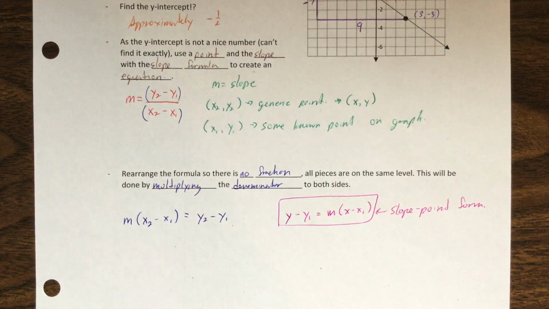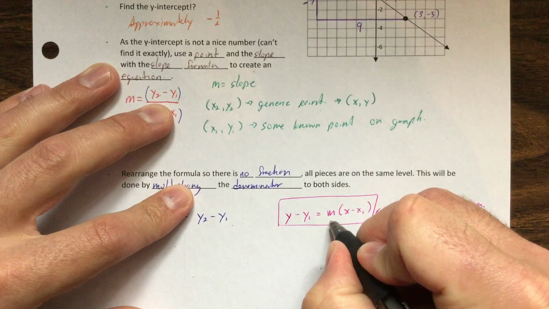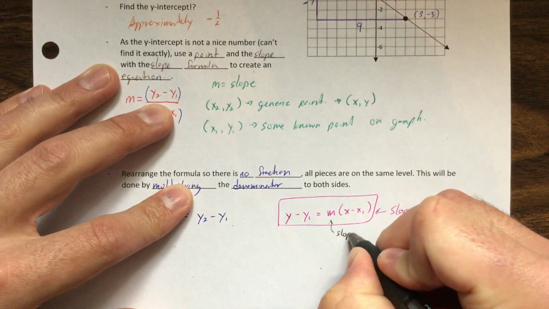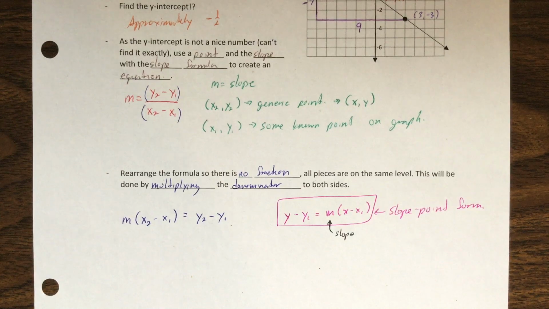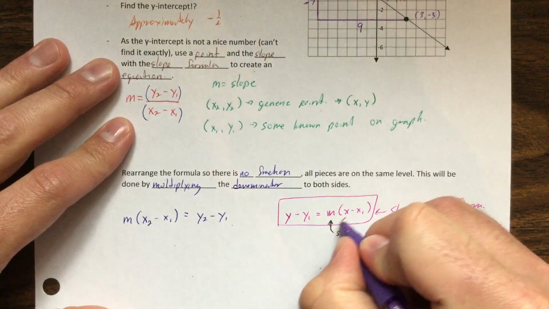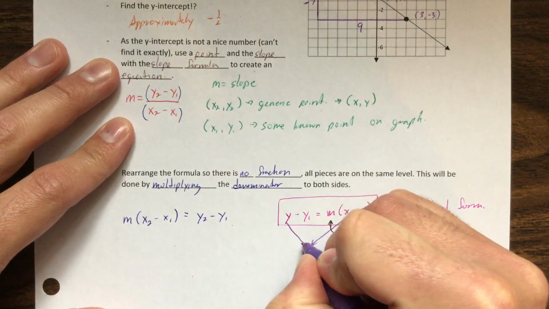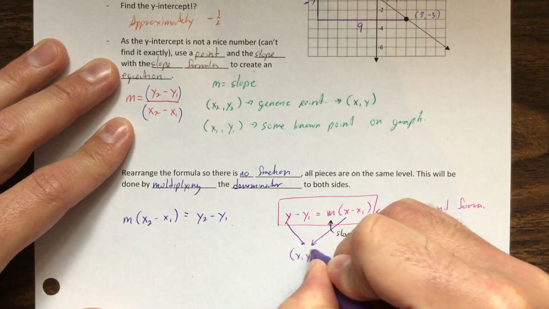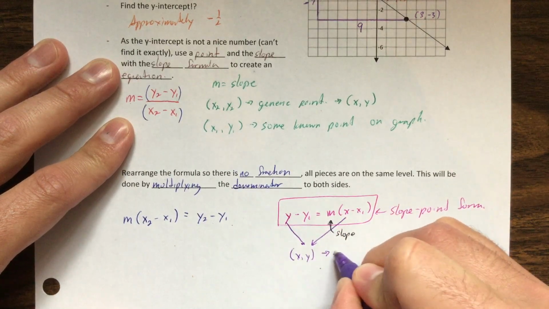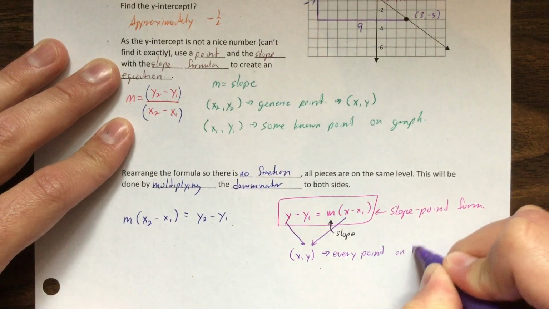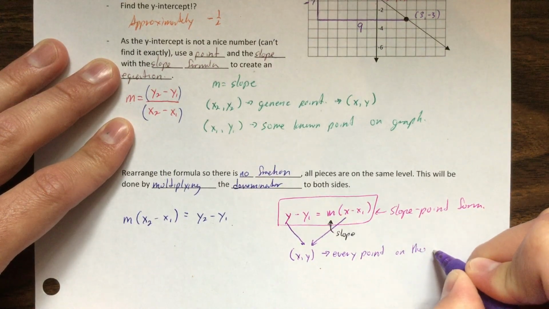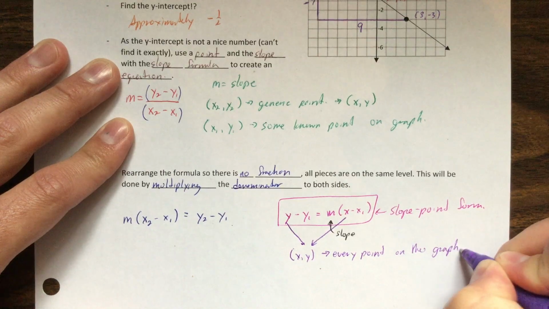Let me explain it a little bit. m is always our slope. The x and the y are every point on the graph or the function.